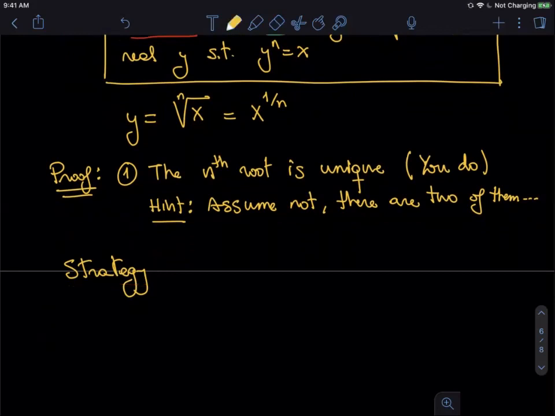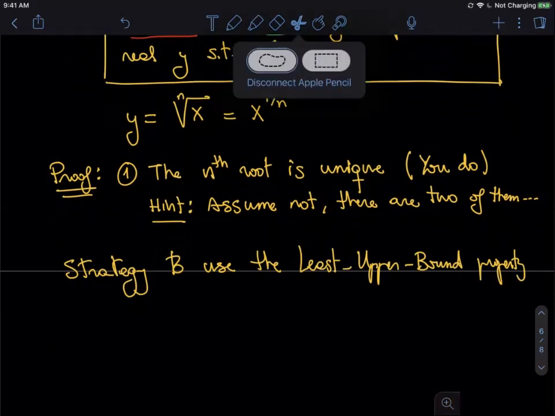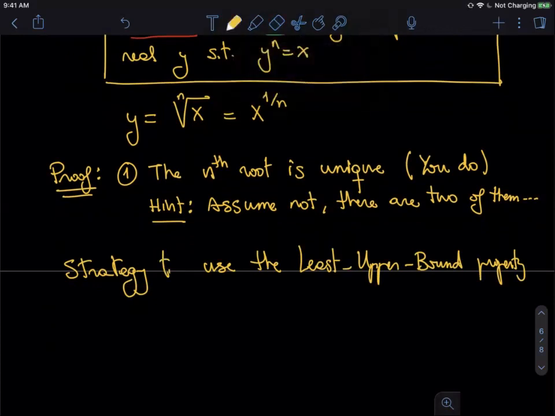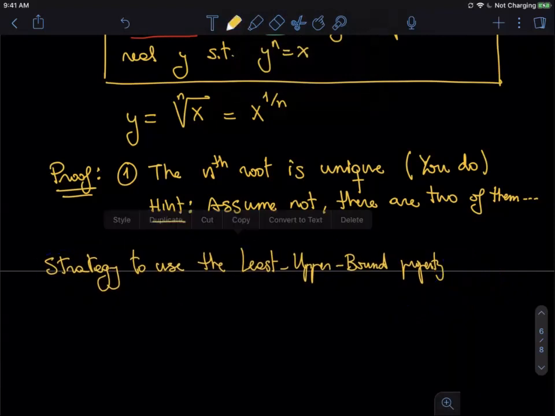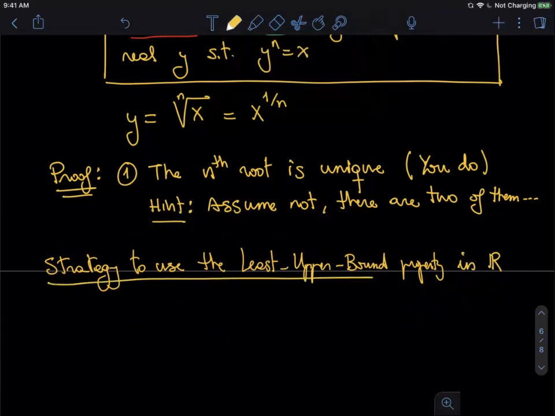Actually, a strategy to use the least upper bound property in R. So this is the general strategy in a proof.